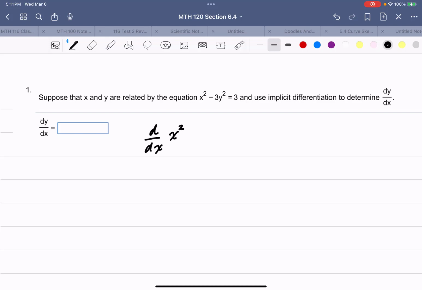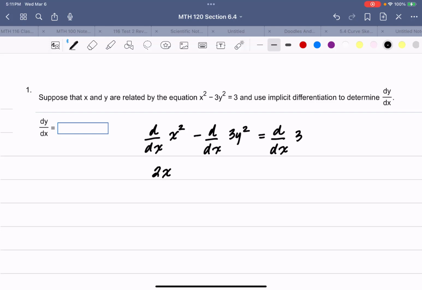So x squared, and the derivative with respect to x of the 3y squared, and the derivative with respect to x of 3. Well, since this first term, x squared, is in terms of x, its derivative is simply 2x.